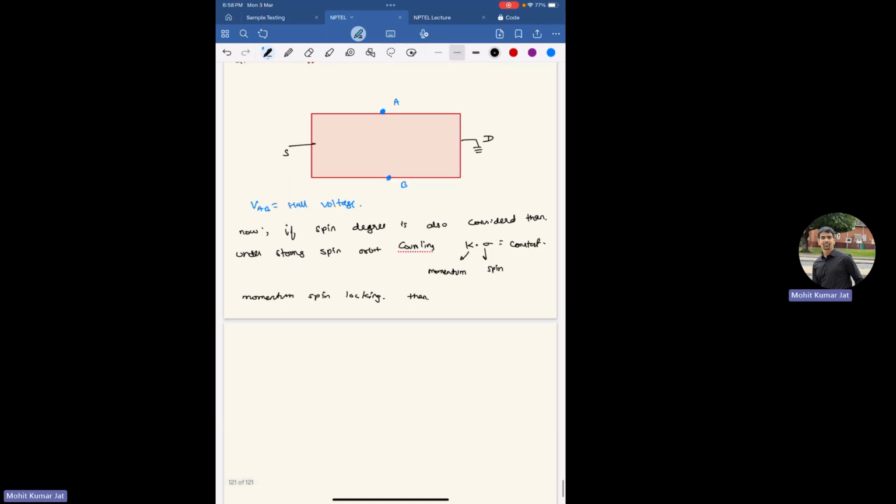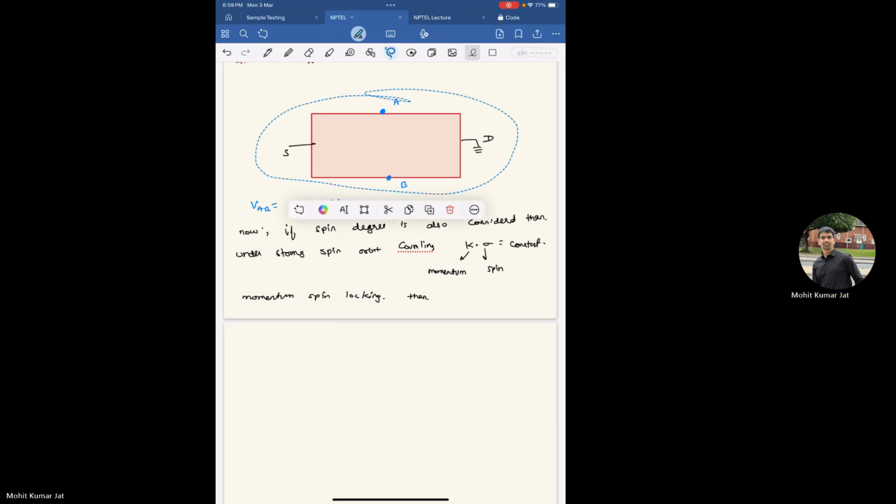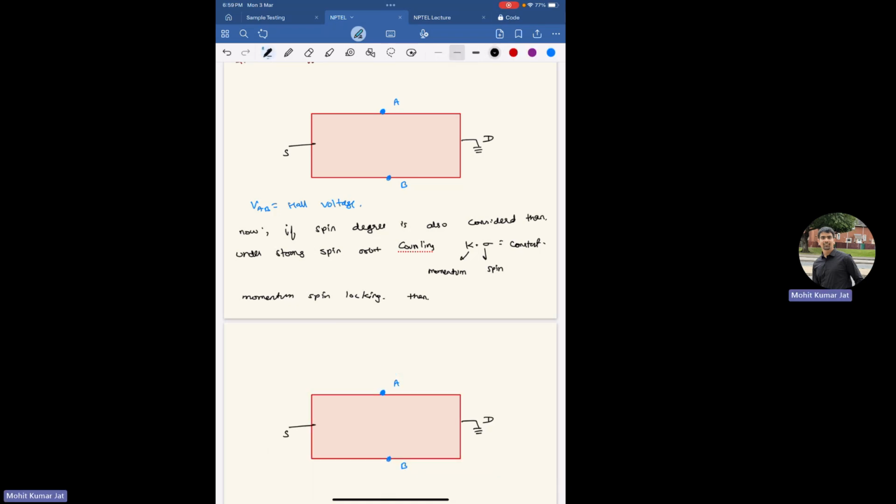Then spin up will go in one direction. So for up spin, sigma is equal to, for example, let's say plus half.